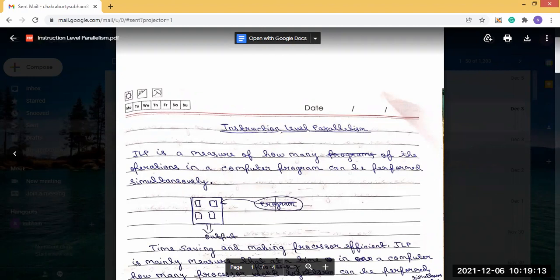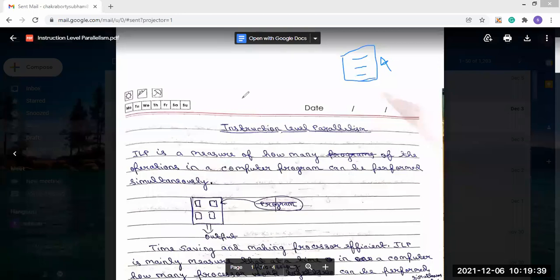As an example, let's say this is the program we have, and in this program we have a total of 4 instructions.